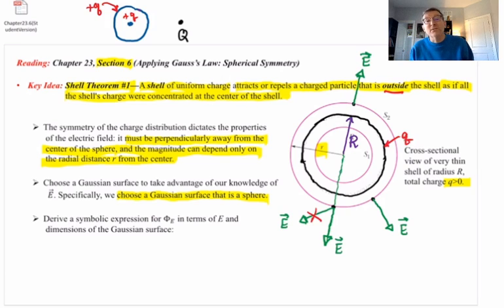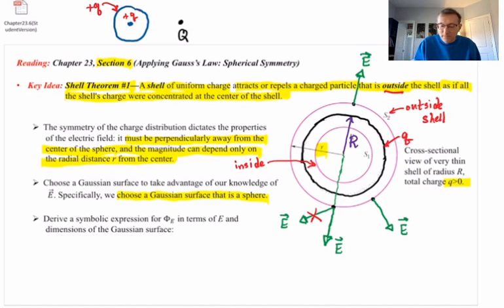They're drawn as red circles, but they're really red spheres. S2, which is outside the shell, and S1, which is inside. We're going to look at those one by one. Okay?